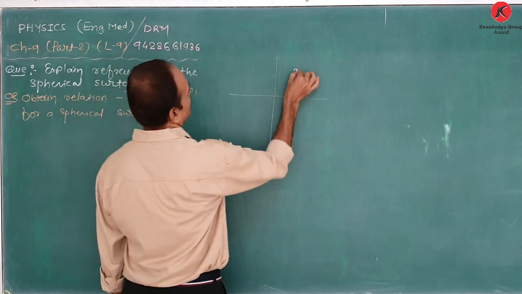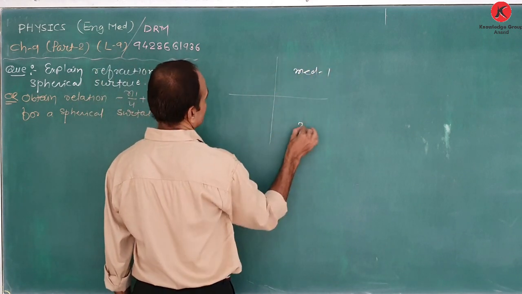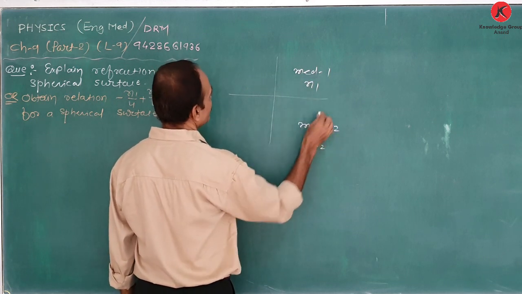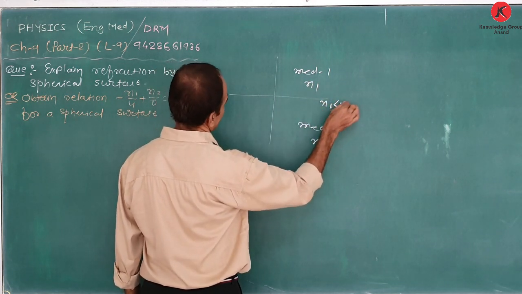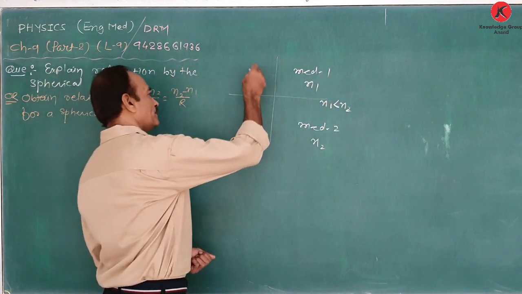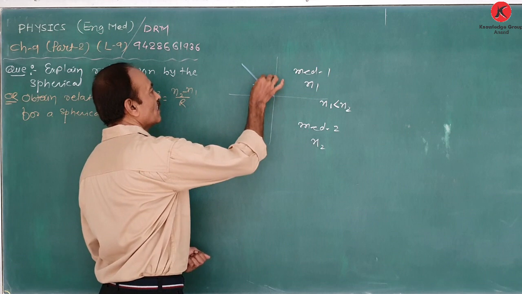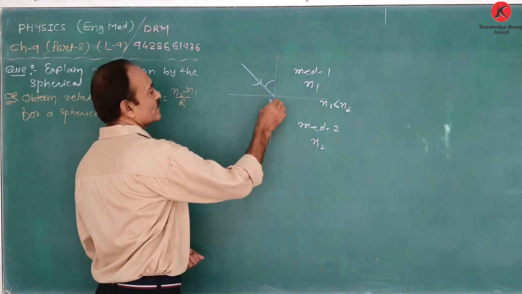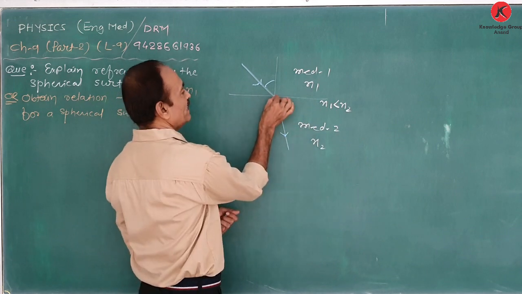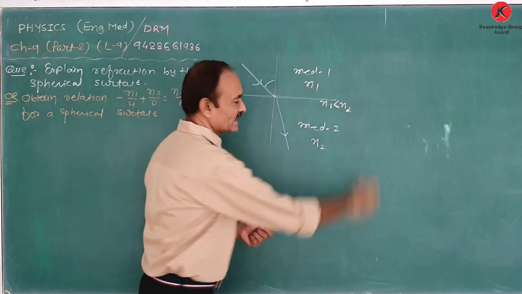Here there is medium 1, and that is medium 2. Here the refractive index is n1, here n2. Suppose n1 is less than n2. In that case, when the ray of light travels from one transparent medium to another, it is refracted at the surface separating the two media.